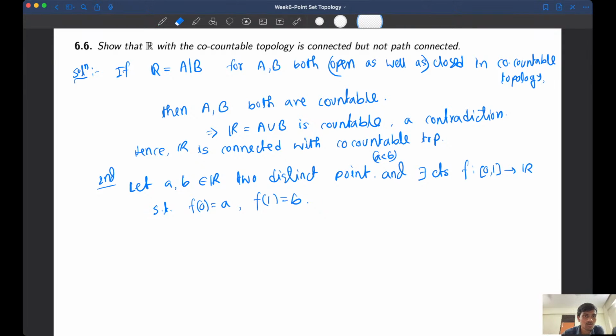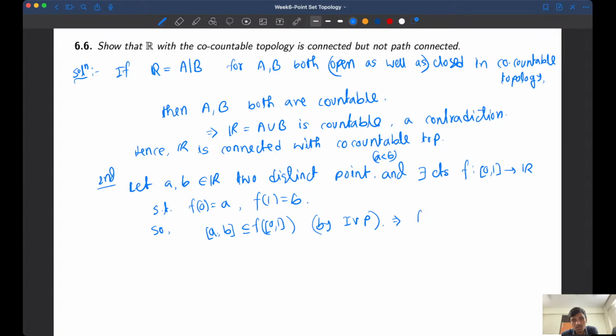So f([0,1]) will contain at least the interval [A,B]. This closed interval [A,B] will be contained in the whole image, right? So in particular f([0,1]) is uncountable.